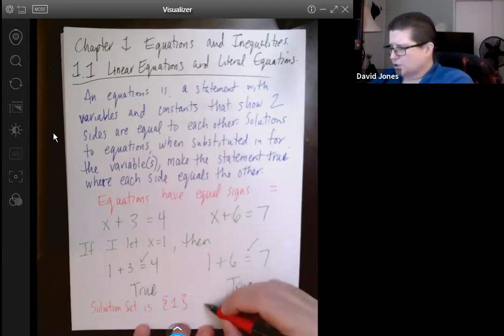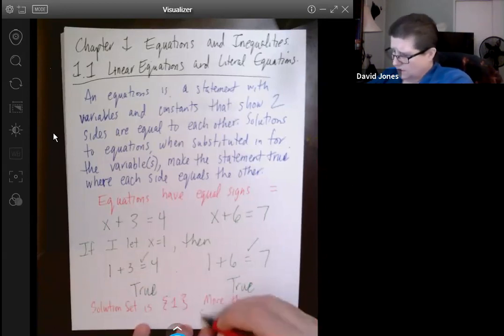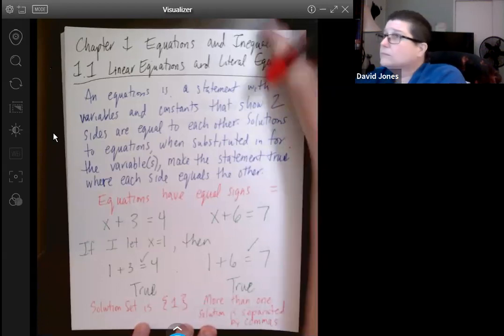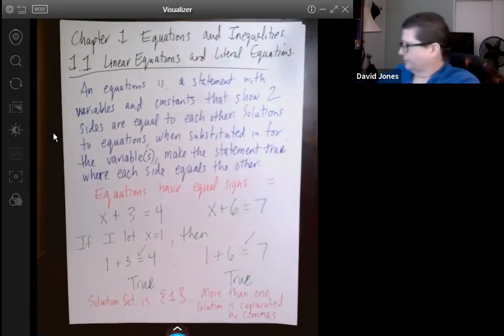More than one solution is separated by commas. You saw this in set notation.